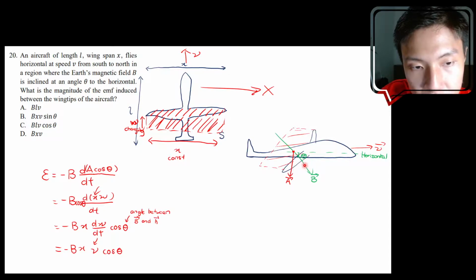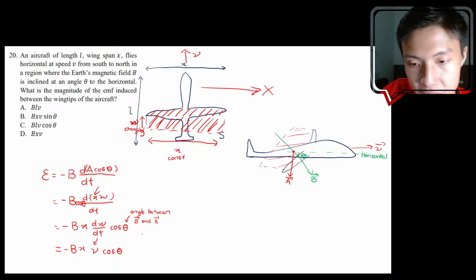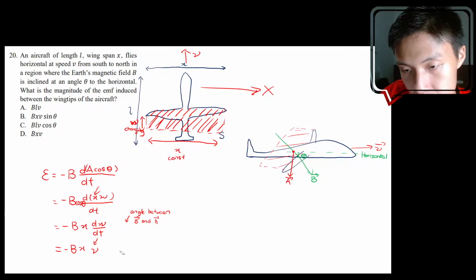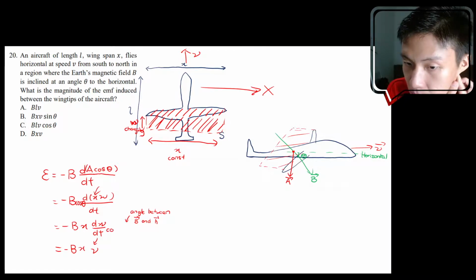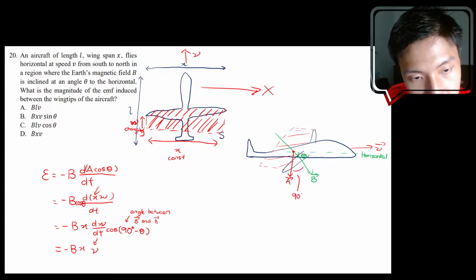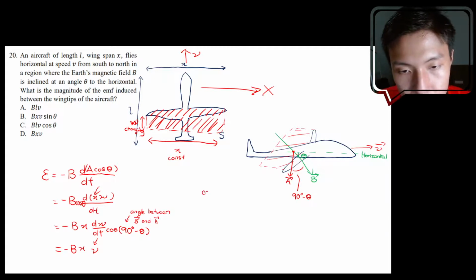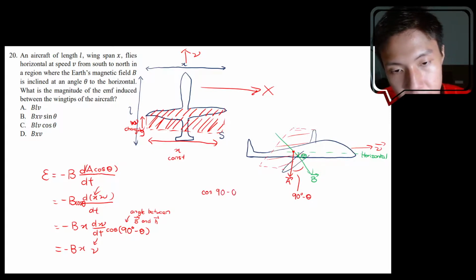So to get this angle over here, you need to change this to become cos of 90 minus theta.